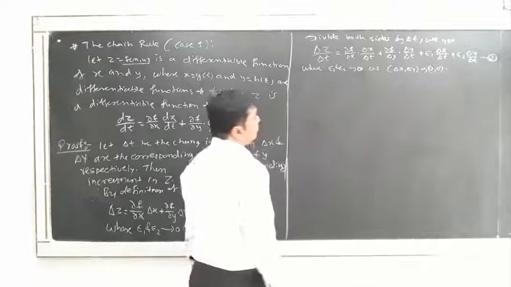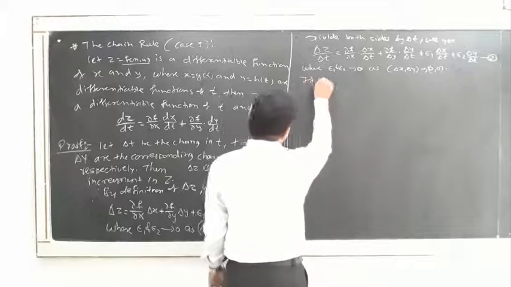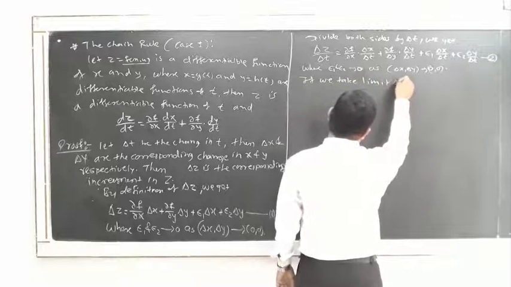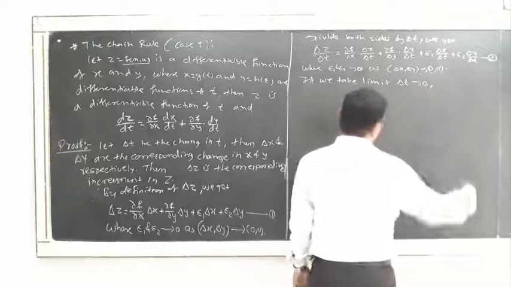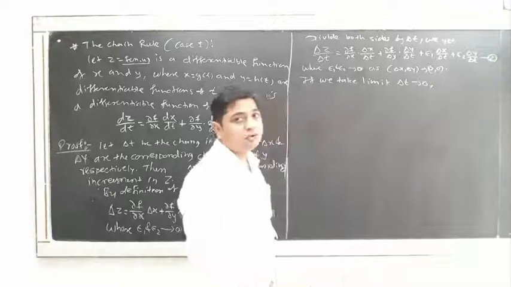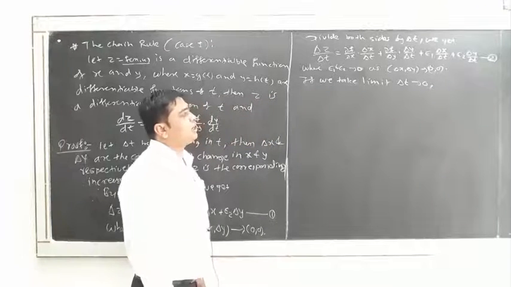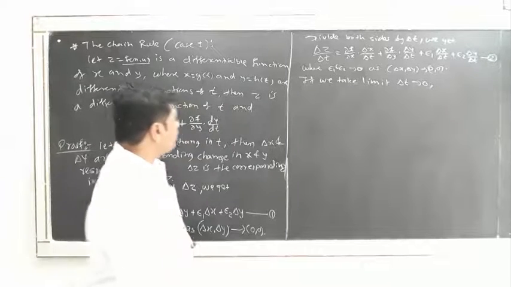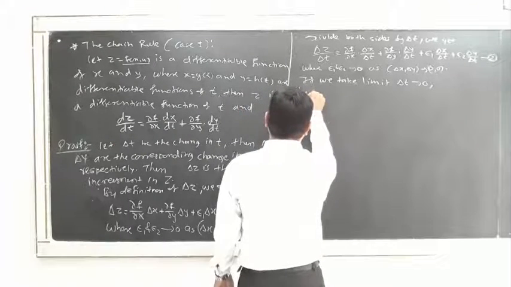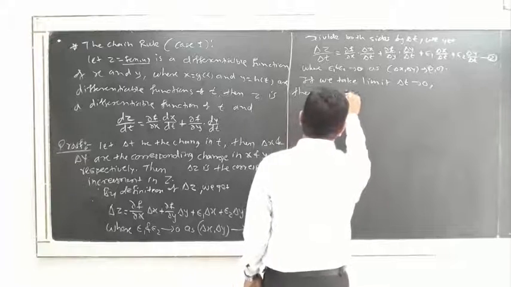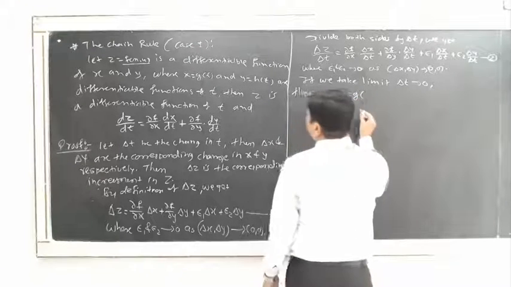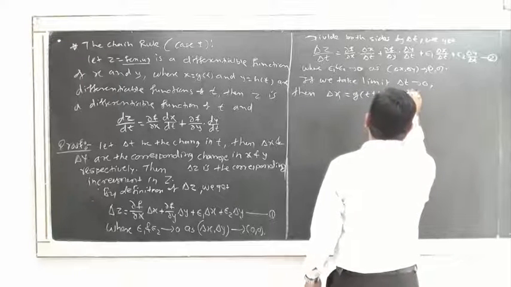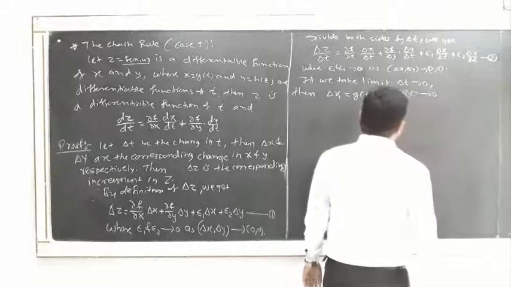Now what is next? Suppose we take the limit of both sides as delta t tends to 0. Then what happens? Delta x, which is g of t plus delta t minus g of t, tends to 0.